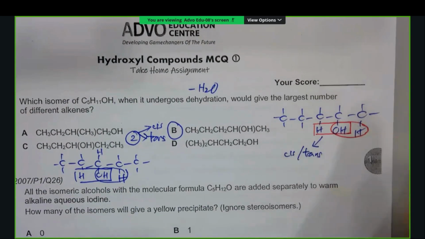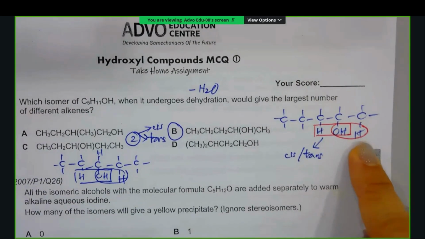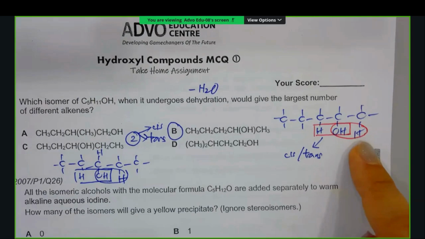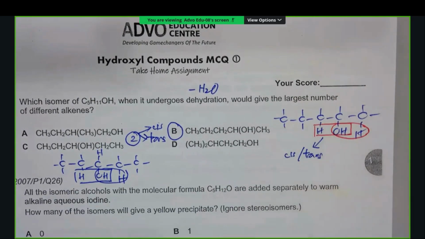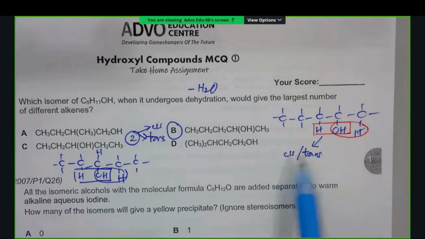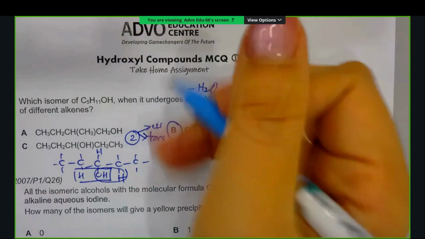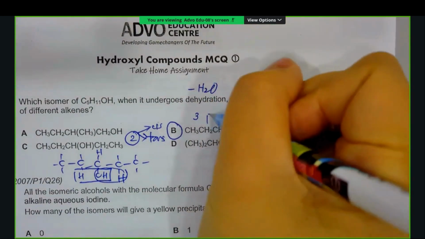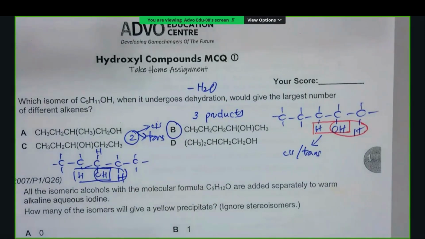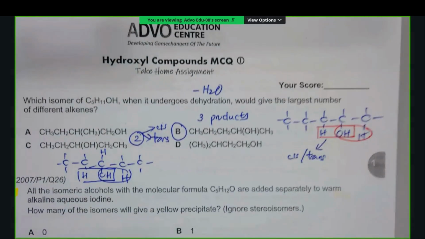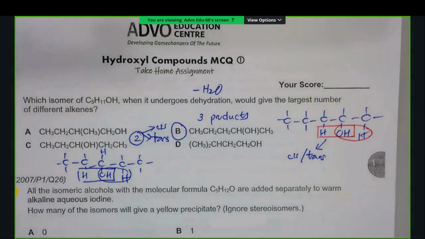This one will not, because one of the carbons is bonded to 2 identical H atoms, so it doesn't fulfill the requirement for cis and trans. So the total number of alkene products you have is 1, 2, and then 3. So B has 3 products. C only has 2, so B wins. Is it okay? Since you all didn't choose A and D, I don't need to go through them.